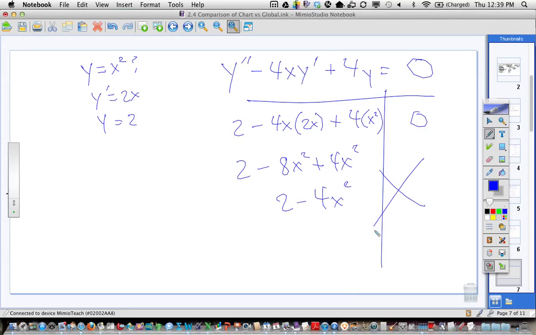Give you an initial condition, plug it in, find some value. You could rearrange them and then plug stuff in, and it still doesn't matter. Yeah, that's okay.